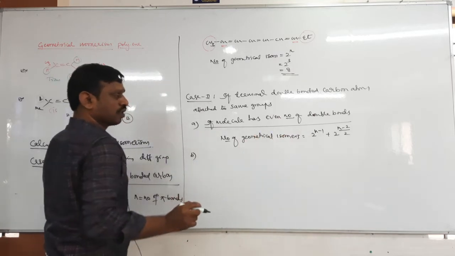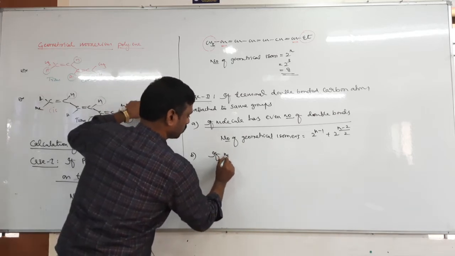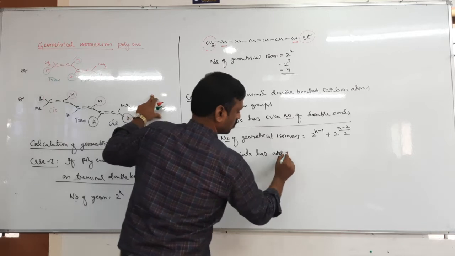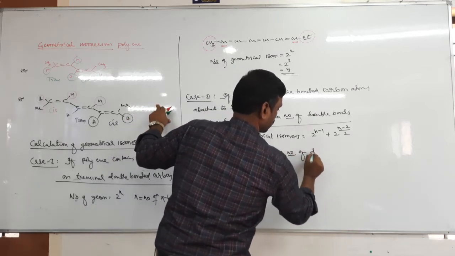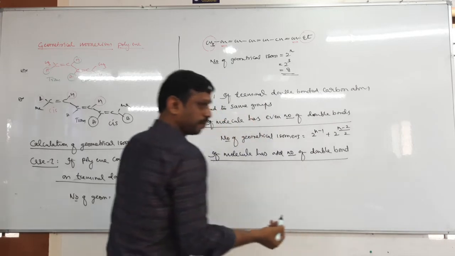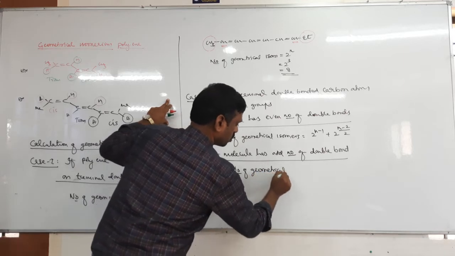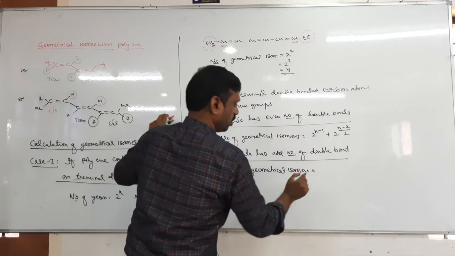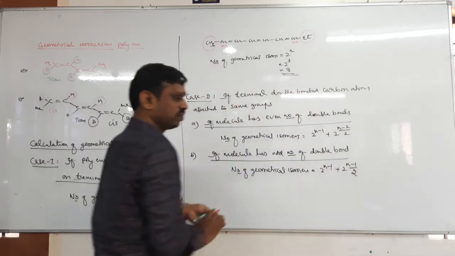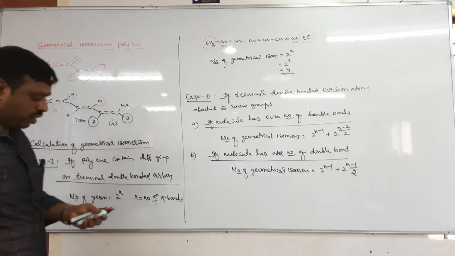Next, B. If the molecule has an odd number of double bonds, then the number of geometrical isomers equals 2 to the power n minus 1 plus 2 to the power n minus 1, divided by 2.